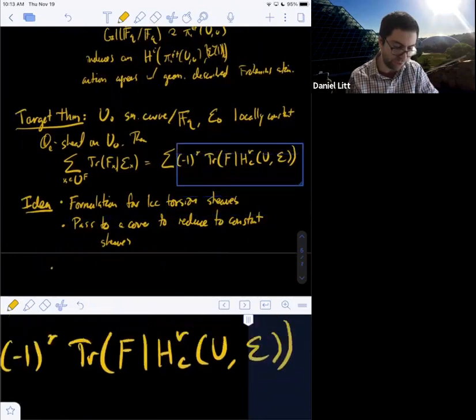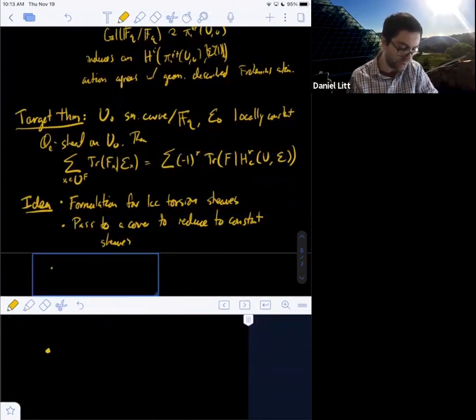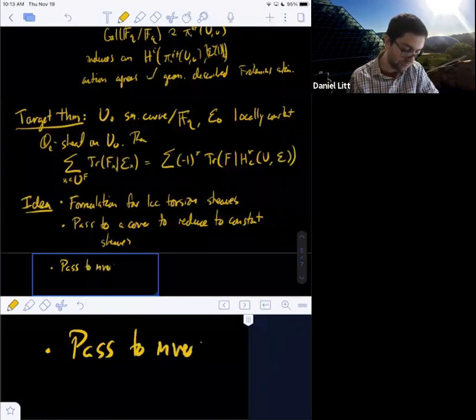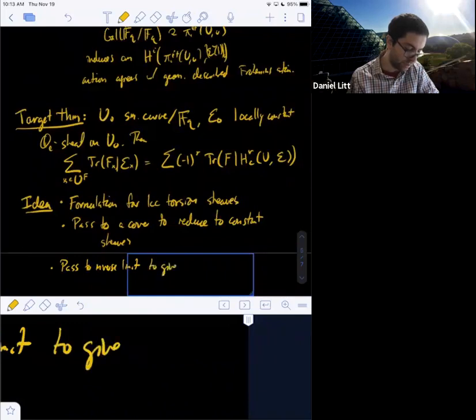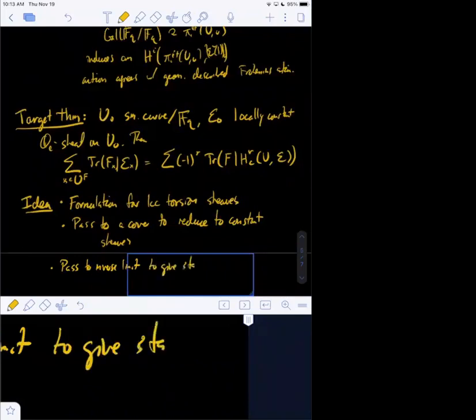So here E was a QL sheaf, and then we kind of pass to the inverse limit to give the statement for QL sheaves.